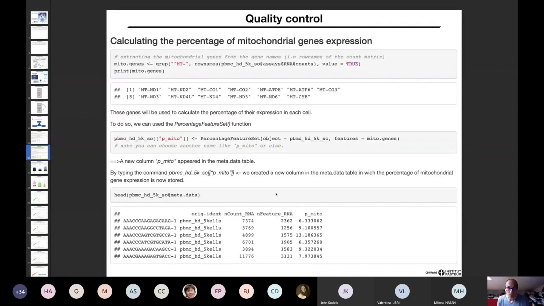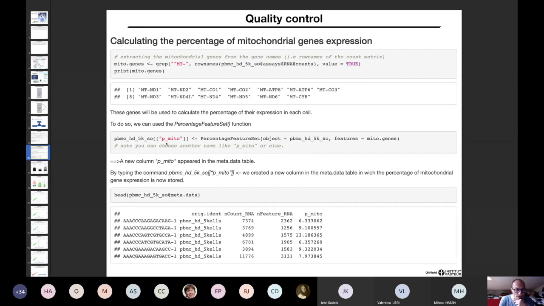For the mitochondrial gene expression, it's not very difficult to get this information. We just have to extract the mitochondrial genes in our dataset. There's a simple grep function we can use, or you can use an external list of genes. The idea is to have these mitochondrial genes. And there's a very handy function: you just put in your object and the genes you want to calculate the proportion of expression for, and it does it directly.